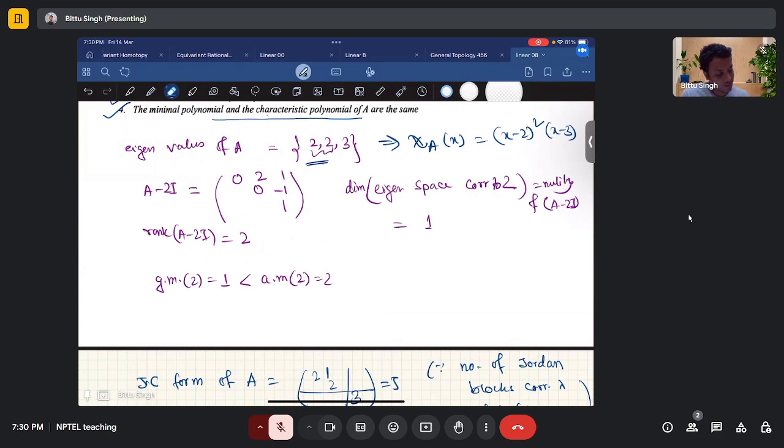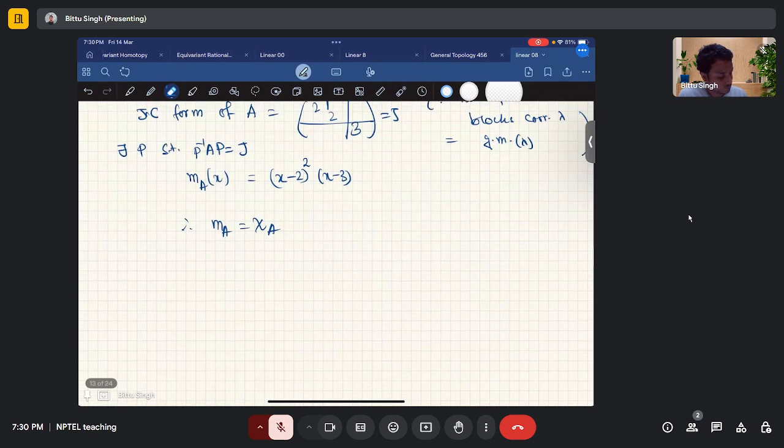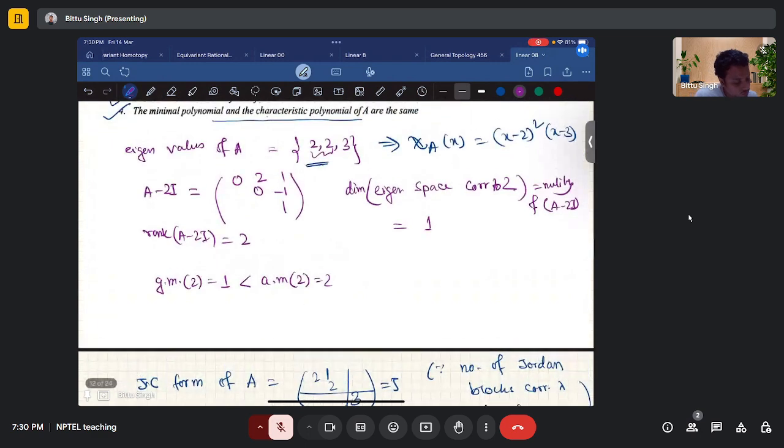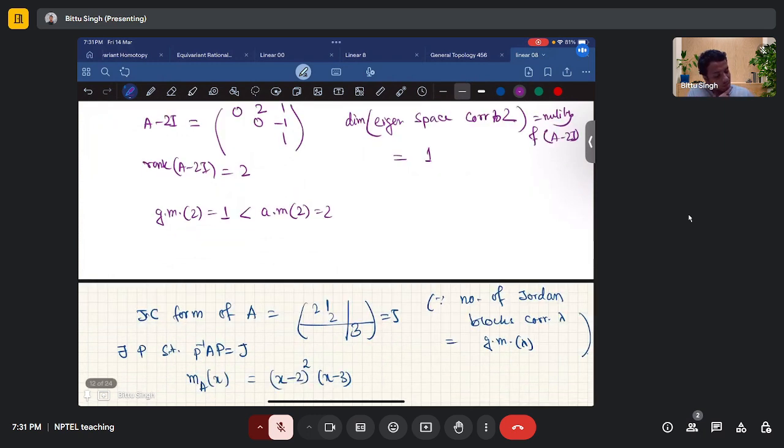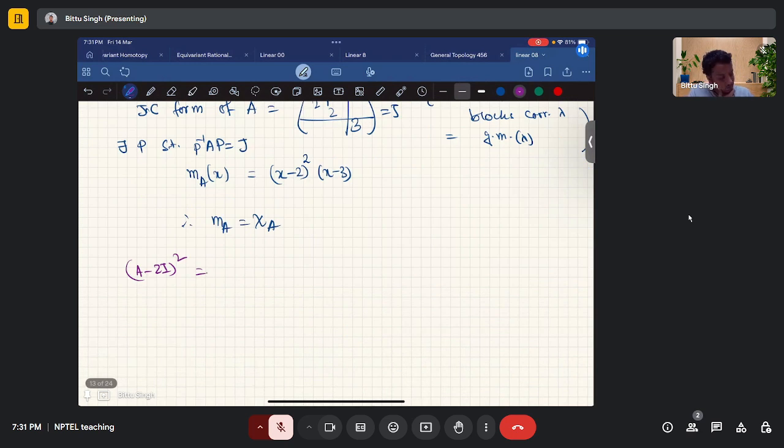If we take A minus 2I whole square, the second row will become 0, and the last row will be minus 1, minus 1, 1.